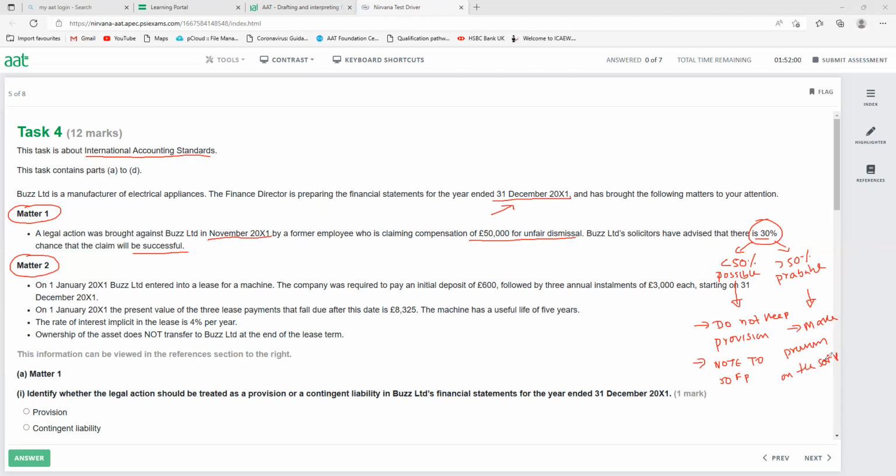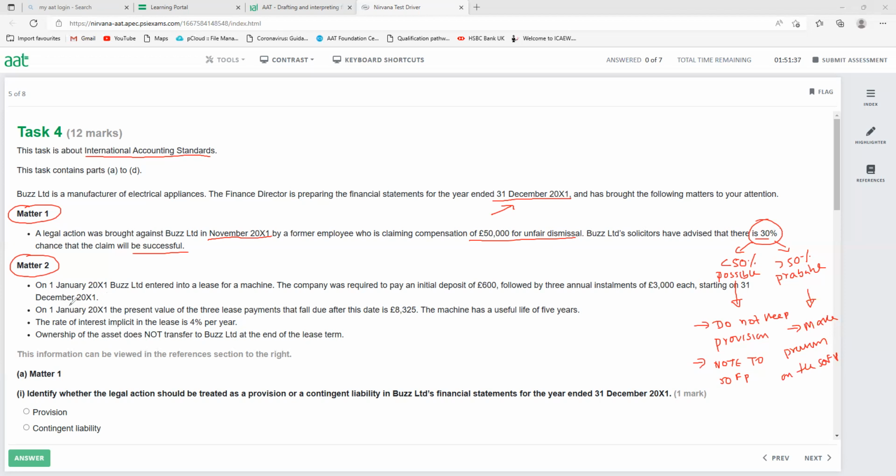So you need to remember this technique. If we do that, it will be very helpful for us. So for this matter 1, it is less than 50%. It is a possible cash outflow. For that reason, we just keep the note. We don't have to keep the provision.